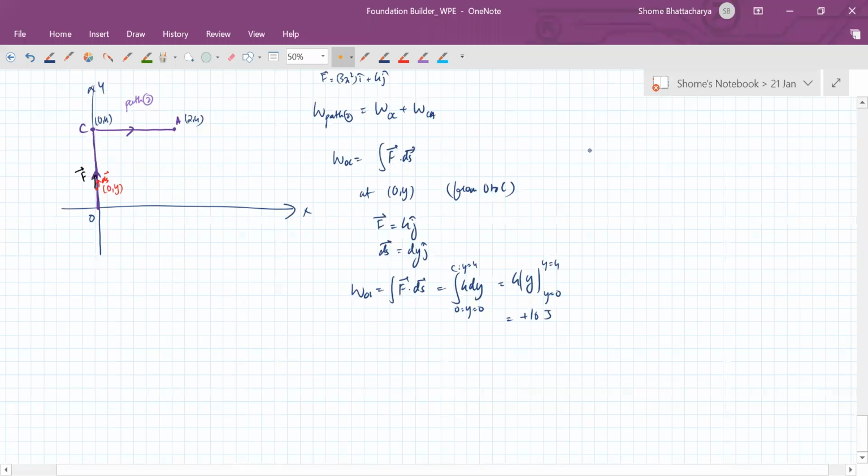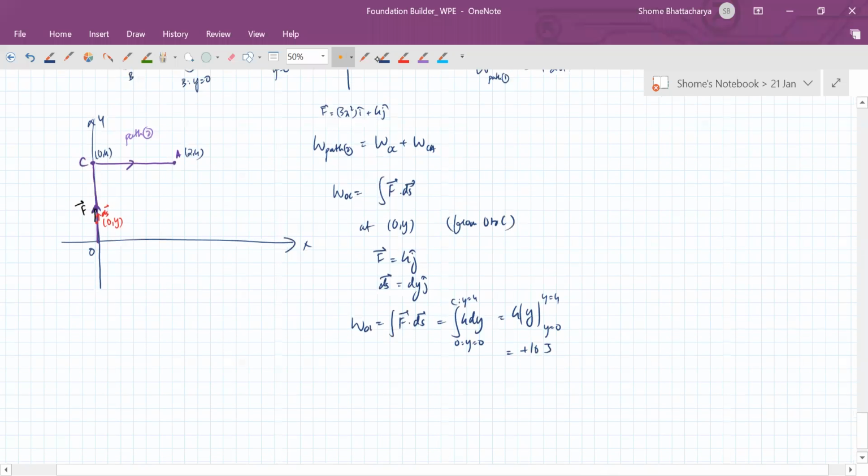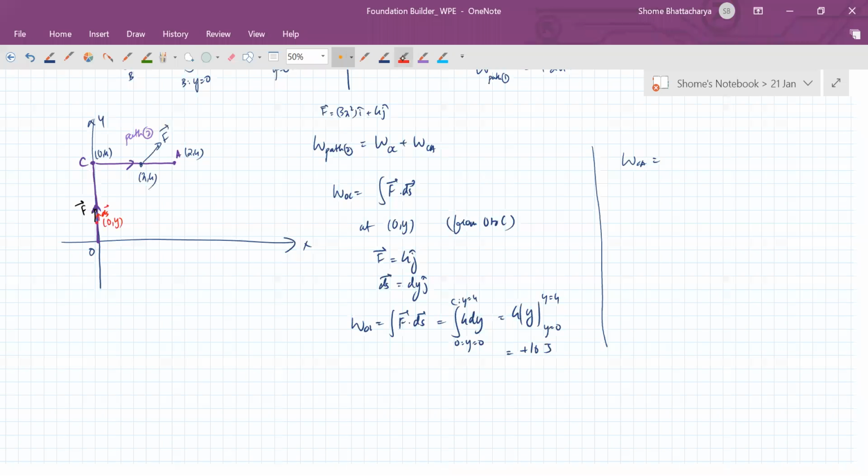Okay. And then next thing, when we calculate the work done from C to A, you are at some kind of general point like this where your x coordinate is varying, your y coordinate is fixed at 4. So the force will now have a general value like this, but your displacement will be along the x axis this time. Okay.